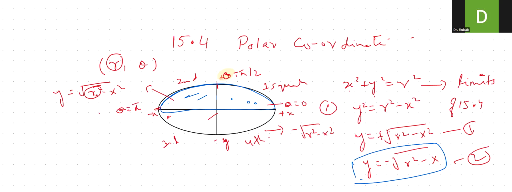So whenever we have an upper and lower circle, for the upper circle the limit of theta starts from 0 to pi, right?